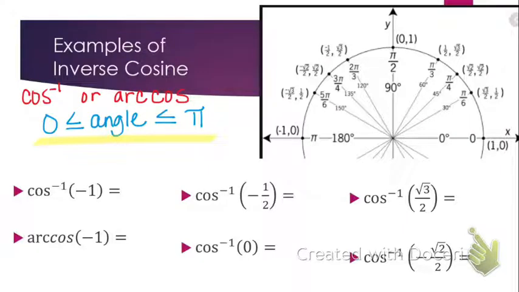Remember, inverse cosine and arc cosine are the same thing. All right, so I'll give you a second to organize your notes and copy down these 6 examples. Let me go ahead and letter these A, B, C, D. Okay, go ahead and copy these down, and then we will work through them together.